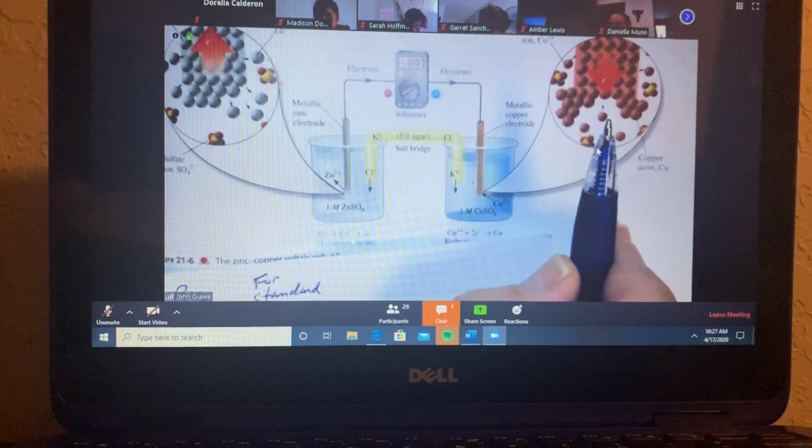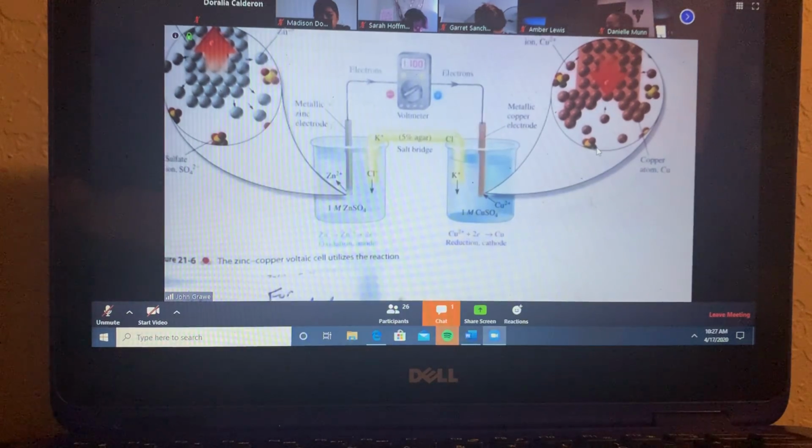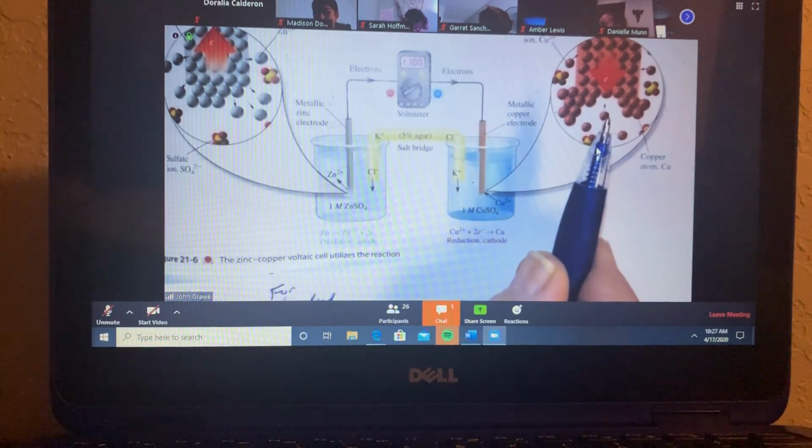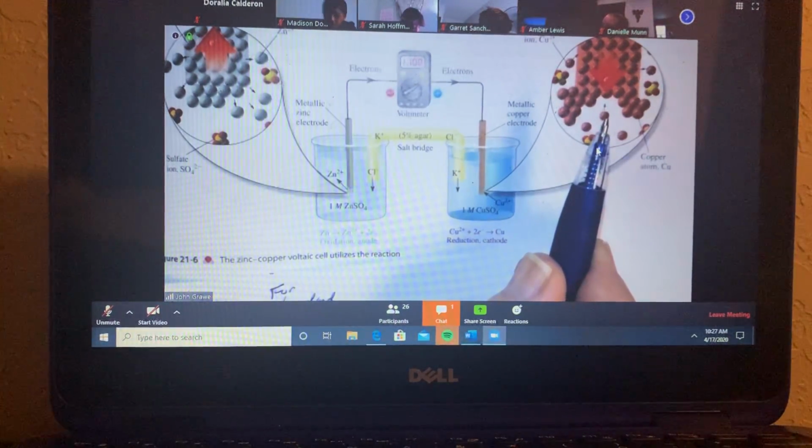These are the copper ions, copper 2 plus. And they're going to take 2 electrons from the electrode and get reduced. So notice that it's opposite of what we see on the other side. This is at the cathode, and the cathode is reduction. Reduction means that we're going to go from the ion to the metal.